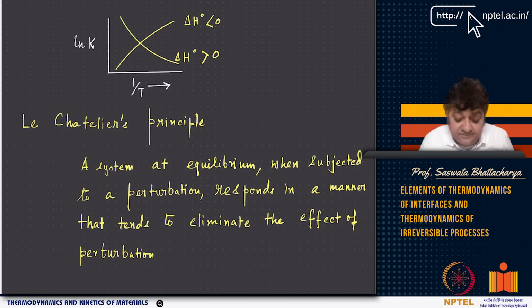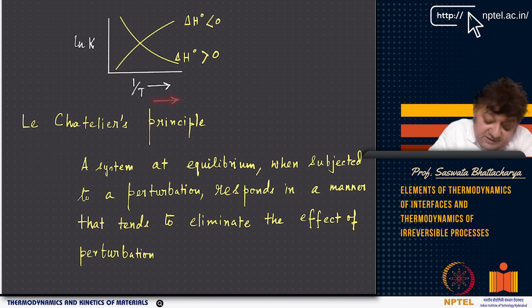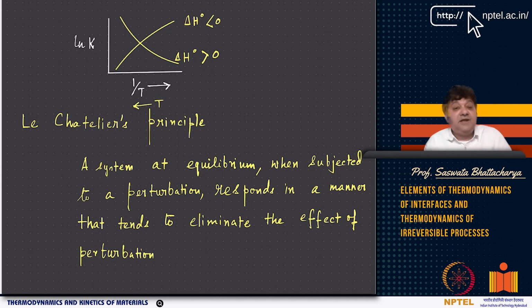Now if I plot ln K versus 1 by T, 1 by T is increasing this way, that means T is increasing the other way. Because if T increases, 1 by T decreases, right? So T is decreasing towards the origin, and 1 by T is increasing away from the origin.